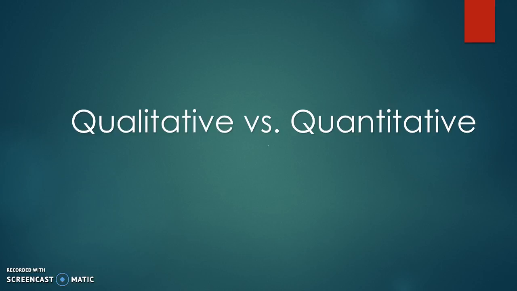Quantitative research is more definitive, while qualitative research is exploratory and it's done in nature. Quantitative research describes something. It describes how much of something or how little of something, while qualitative research interprets.